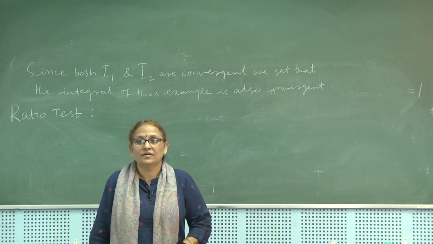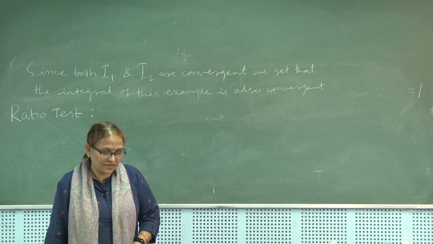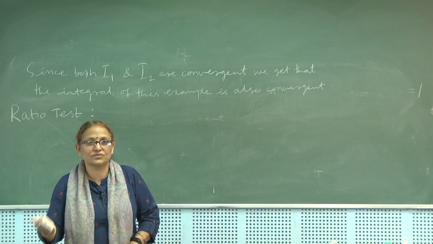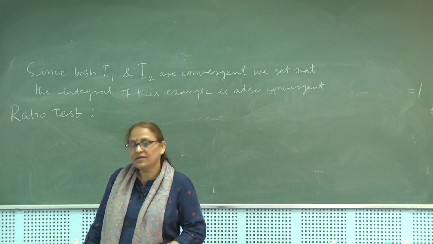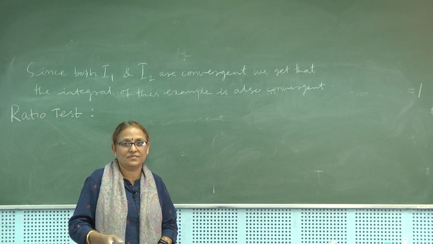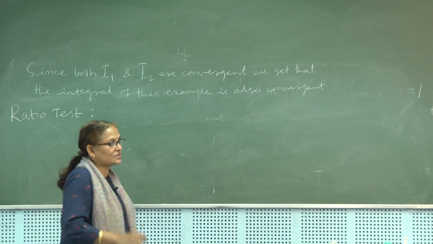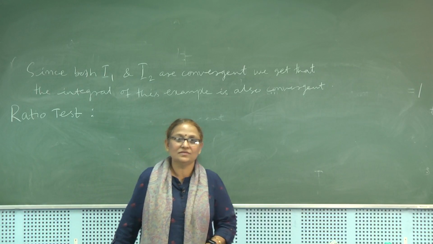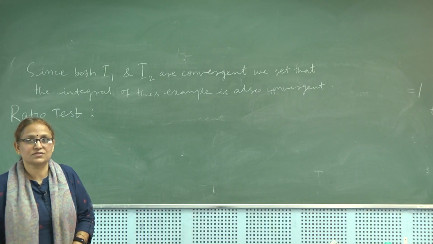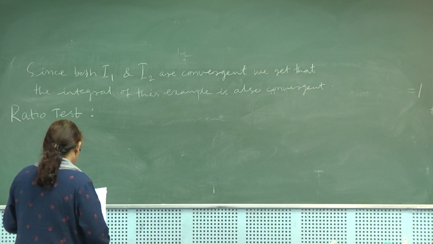Well, we are given the integrand f, then we shall consider another suitable function g, and we take the ratio of f and g, and if they satisfy certain conditions, then we can tell about convergence of the improper integral.